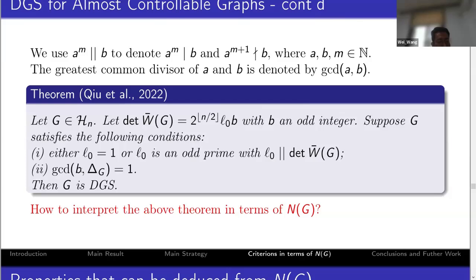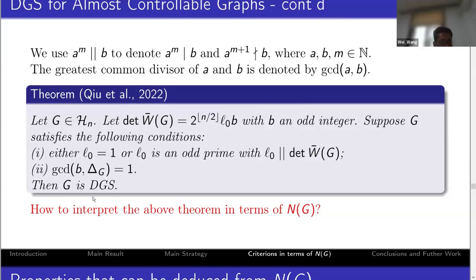And second, the greatest common divisor of B and the discriminant of G, they are co-prime. If these two conditions hold, then G is determined by generalized spectrum.